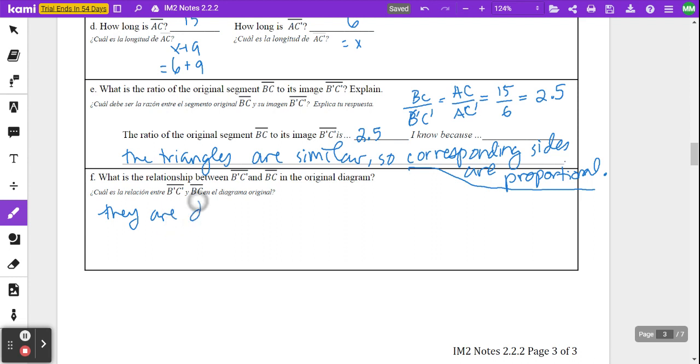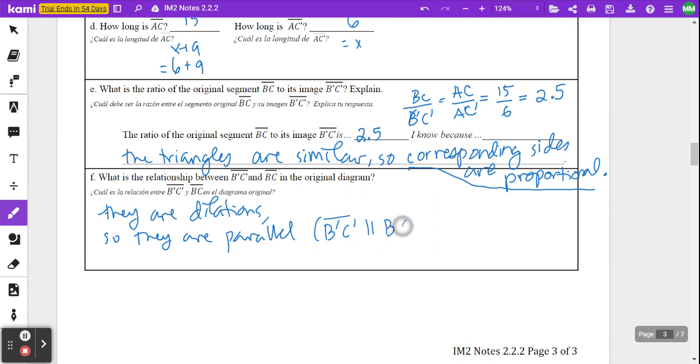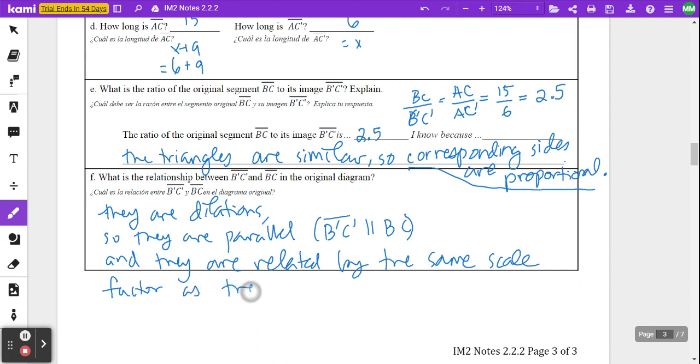B prime C prime is parallel to BC. And they are related by the same scale factor as the other side pairs.